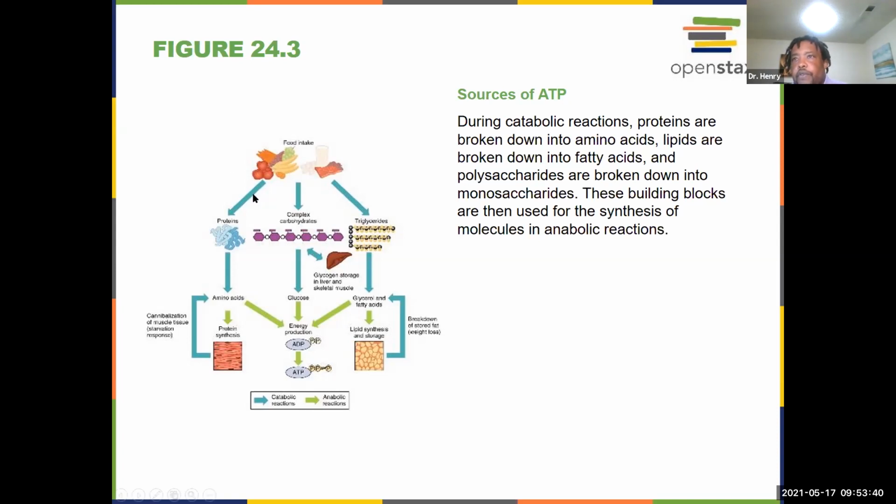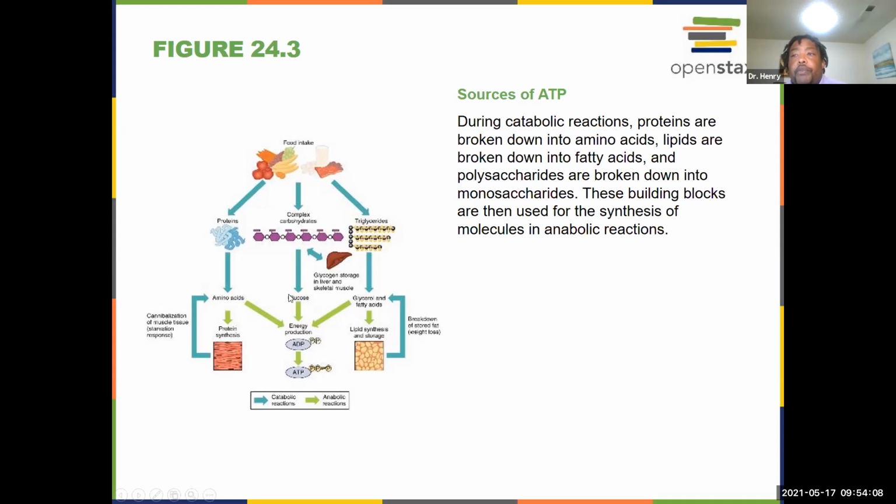So if we look at it, our food is intake. Our proteins are going to be broken down to amino acids, right? Then our amino acids are going to be used for energy production. So then from ADP, we're going to get the generation of ATP. That's the same thing with sugar. We're going to have our complex carbohydrates. Those complex carbohydrates are going to be broken down to glucose.